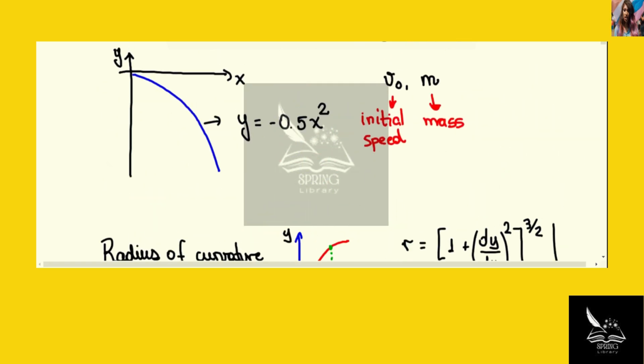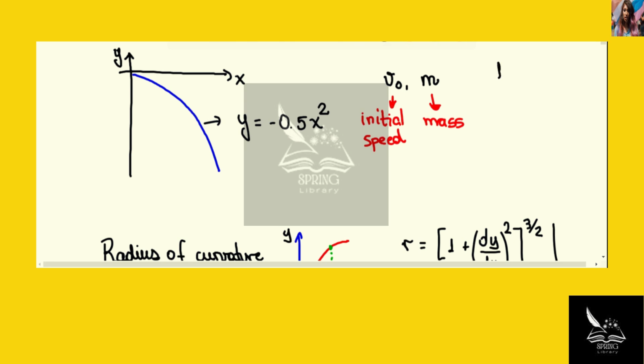So basically we have a box that has a mass m and an initial speed of v0, and the box is constrained to move in this parabola here, y equals minus 0.5x squared.